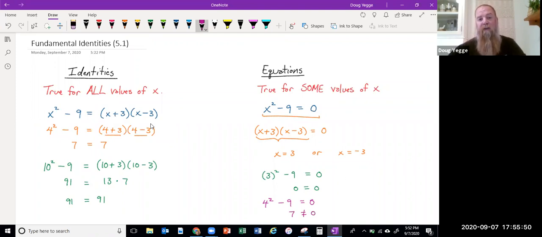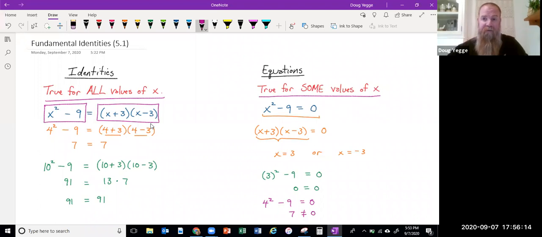So there's a huge difference between identities and equations. Identities are true no matter what values we plug in for x. I can always replace one side of the identity with the other side of the identity, recognizing that these are always equivalent. And that's much different from looking at equations, which are expected to be solved for x.